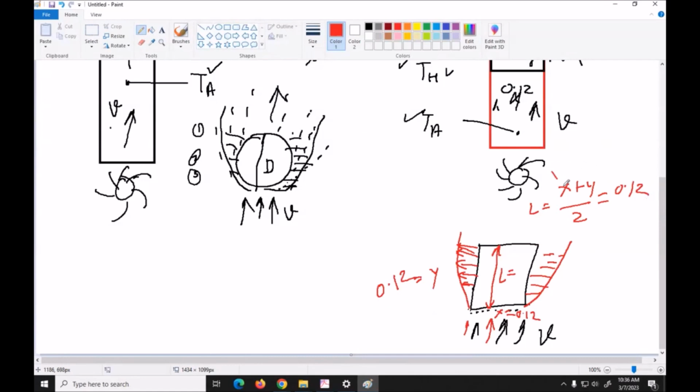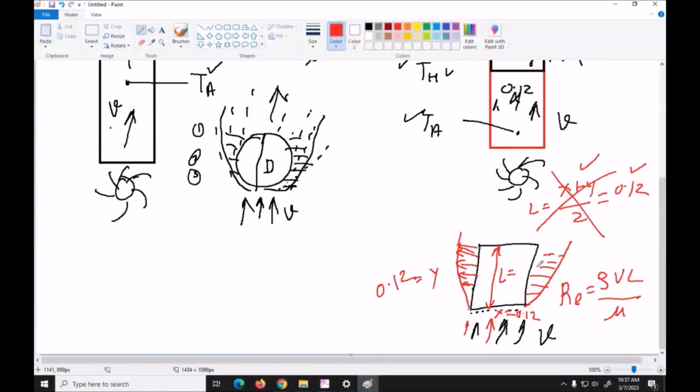But this is not true. We have to take L, the effective length, in the Reynolds number, rho V L by mu, and it is 0.12. In the lab manual, it is given as take the average, so the average of 0.12 and 0.12 is 0.12.